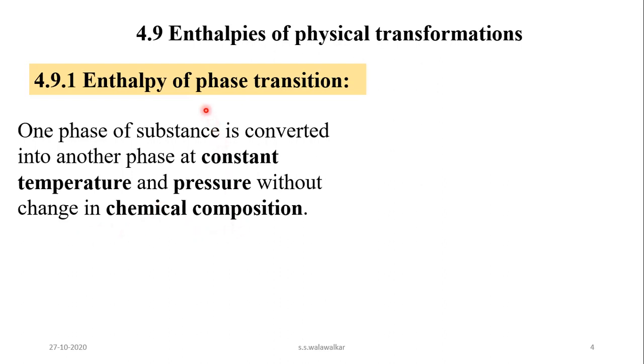That is the enthalpy of phase transition. And remember here that phase transitions are reversible at constant pressure and constant temperature. And when phase transition takes place, both phases are present. That means both phases exist at equilibrium, and equilibrium is attained.